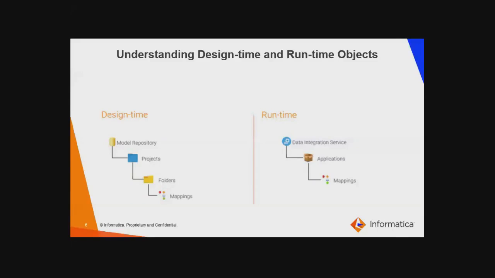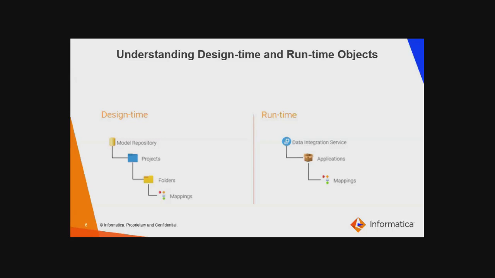When a developer edits an object in the developer tool, the developer works on the design time version of the object. When the object is deployed as a part of an application to the data integration service, the data integration service creates a copy of the object known as the runtime version of the object. The runtime object is isolated from the corresponding design time object, and you can also see the path structure of them is different.